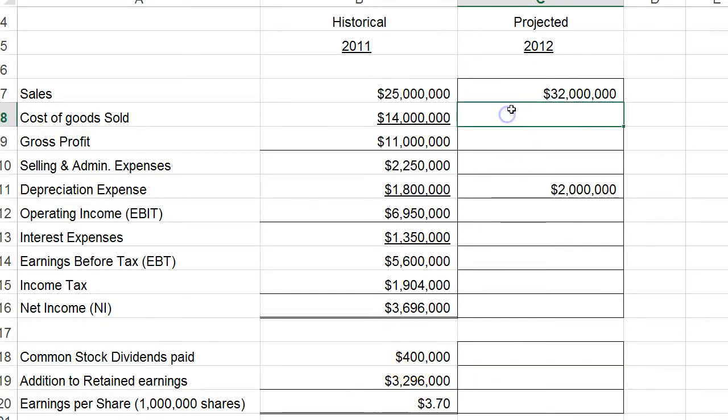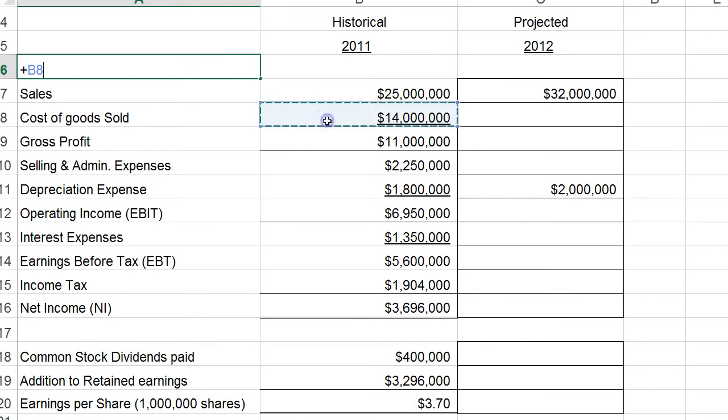So cost of goods sold, if I were to find a relationship between sales and cost of goods sold, I could say cost of goods sold divided by sales gives me a factor of 56%.